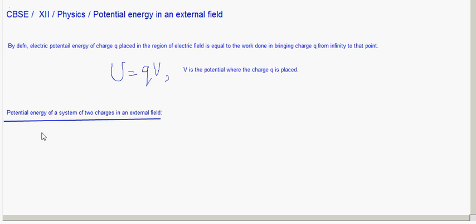So if a system of two charges is placed in an external field, what is the total potential energy?